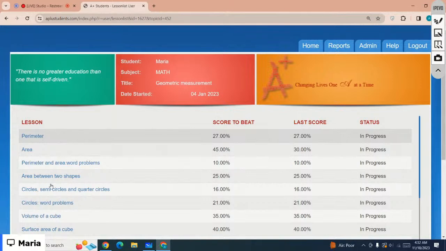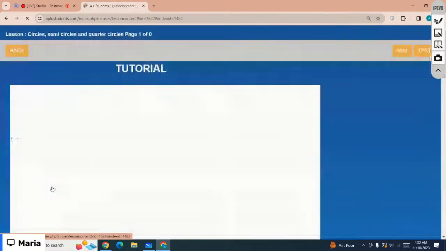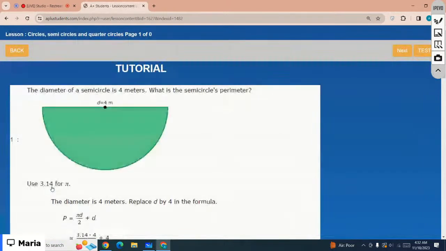Okay, so semicircle means the half circle. The quarter circle means the fourth part of the circle, right?